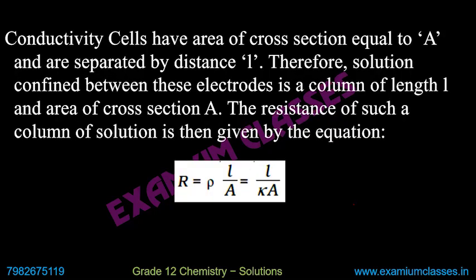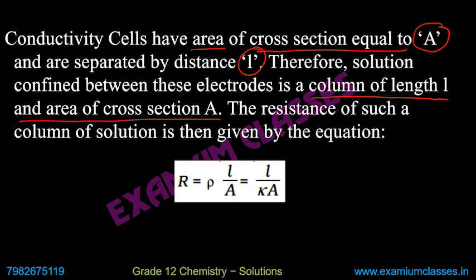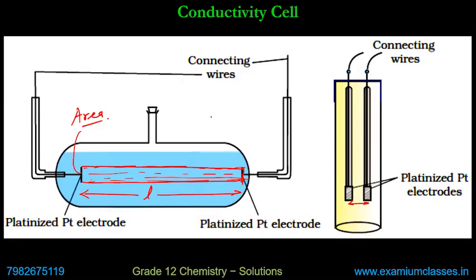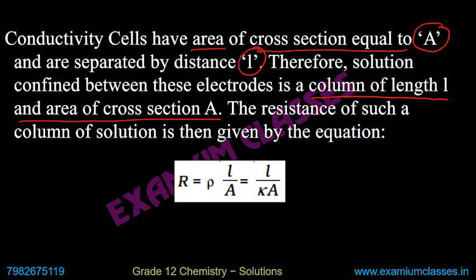So the conductivity cell has electrodes of cross-sectional area A, separated by a known distance L. Therefore, the solution confined between these two electrodes is a column of length L and cross-sectional area A.